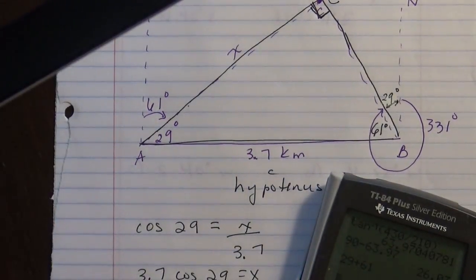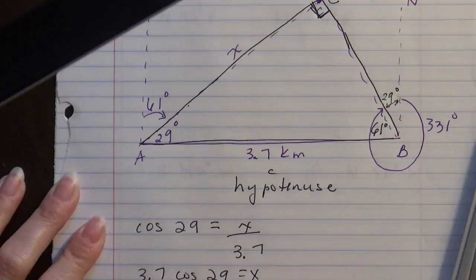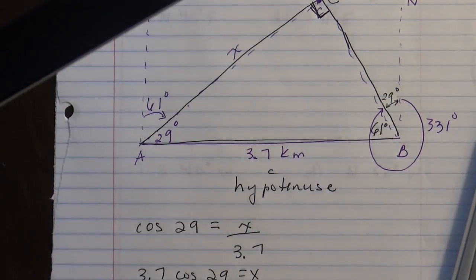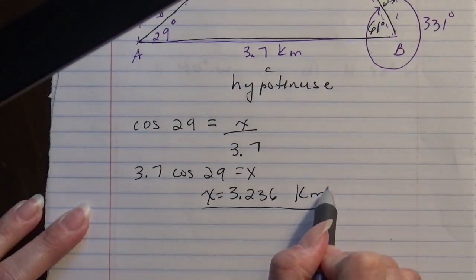What's that give us? That gives me 3.236. And those units, what were they? Kilometers. 3.236 kilometers is our answer there.